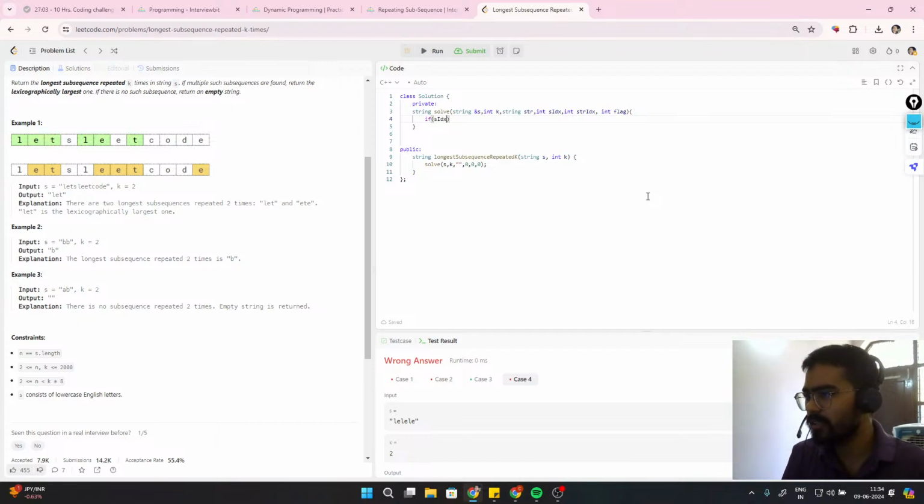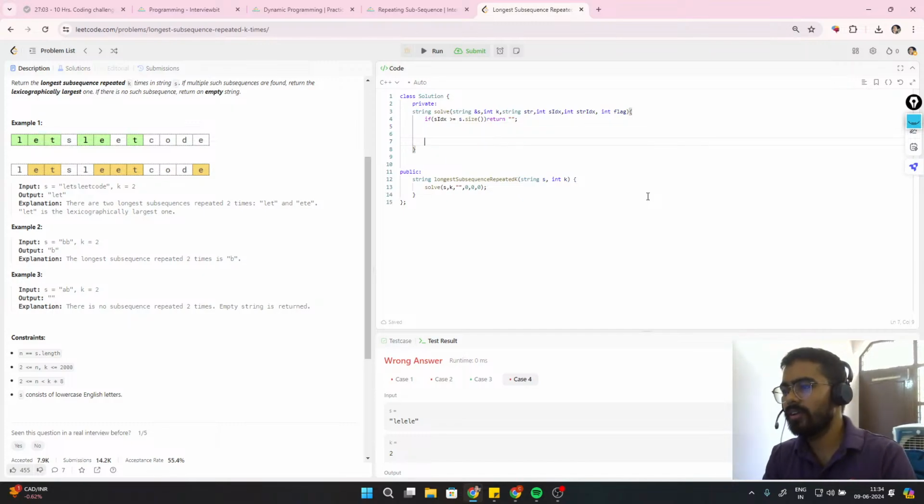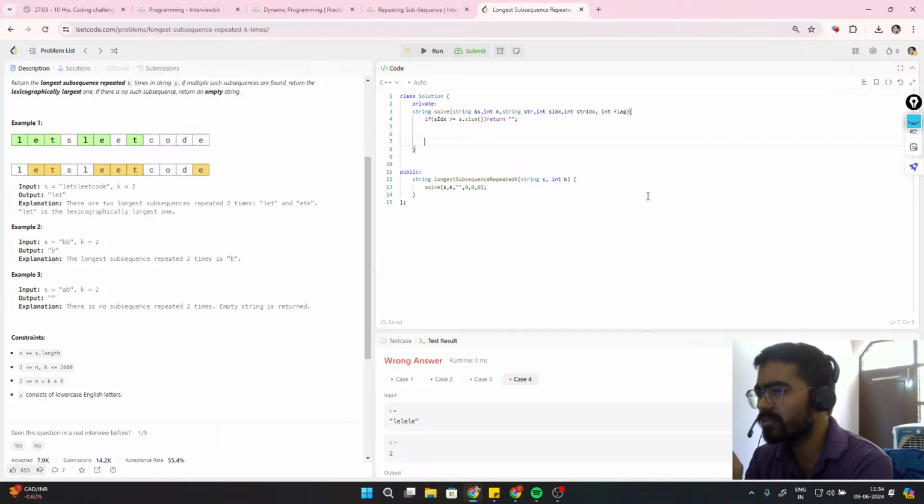If my sidx goes beyond s or equals s.size, I'll be returning an empty array. If it does not go beyond, I need to check my flag first.